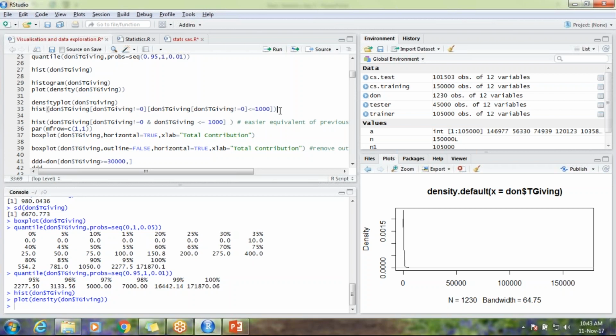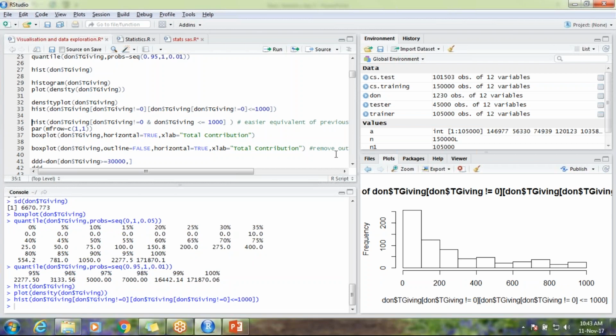Somebody who has donated more than 1,000, I'm not going to consider in my distribution. Now if you see that distribution, I'm able to comprehend it much better. Most of them are near zero, then slowly it keeps on decreasing. This gives you a better understanding of the data.